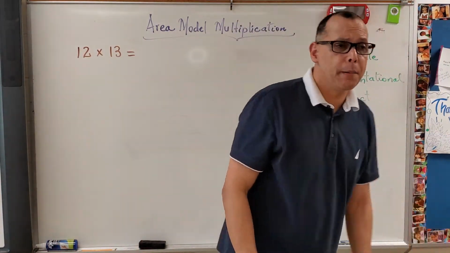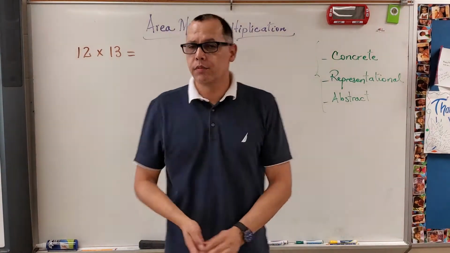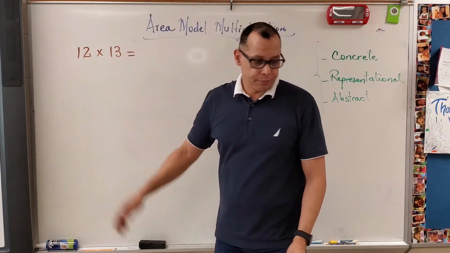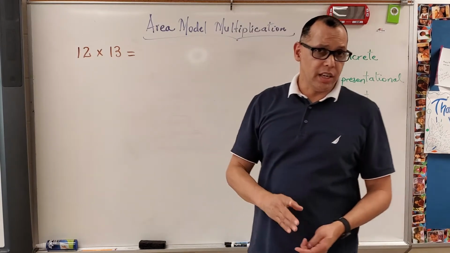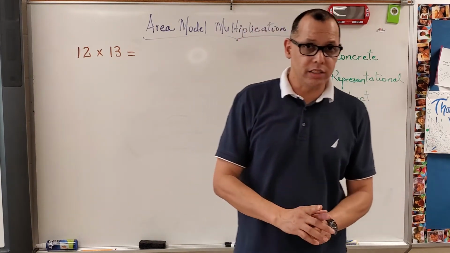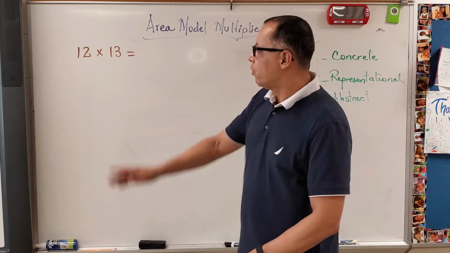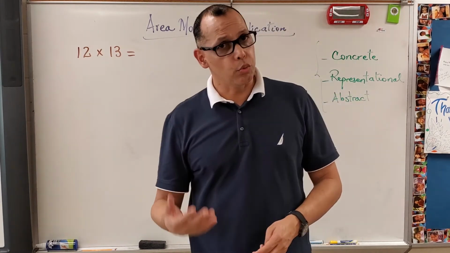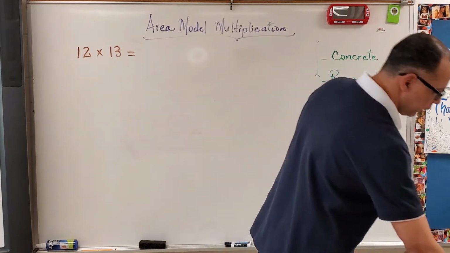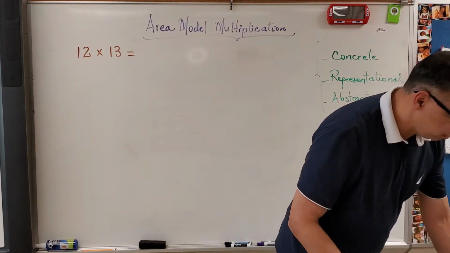Let's use this. Let's multiply 13 times 12. I know that 12 is made of 10 and 2: 1 ten, 2 ones. 13 is made of 1 ten, 3 ones. Let's do the 12.